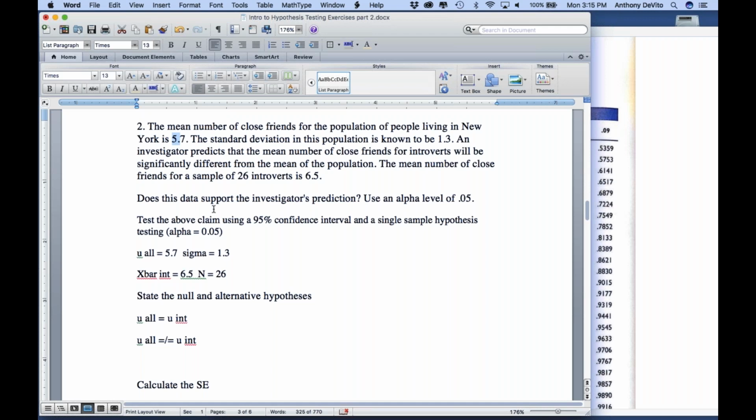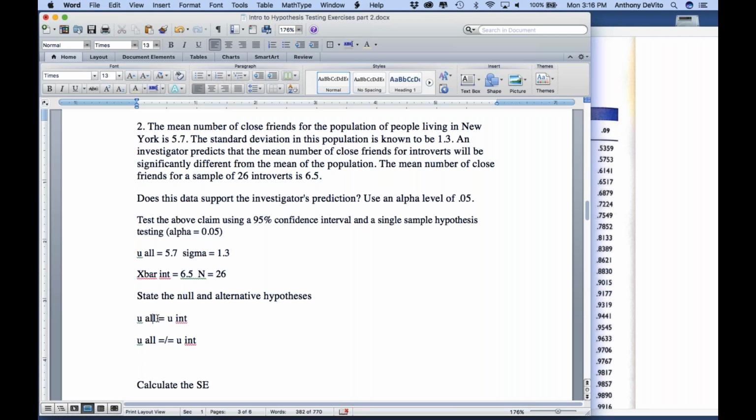The mean for all New Yorkers is 5.7, with sigma equal to 1.3. But he takes a sample and finds that the mean for introverts is different. It's 6.5. Maybe introverts have very few non-close friends, but just close friends, and they have more. Who knows what's going on there? We're only interested in seeing if it's different.